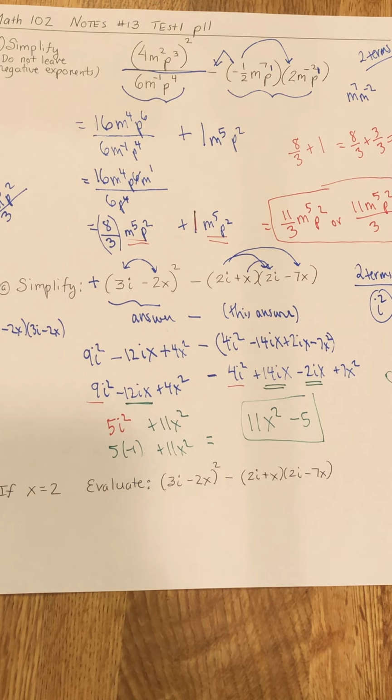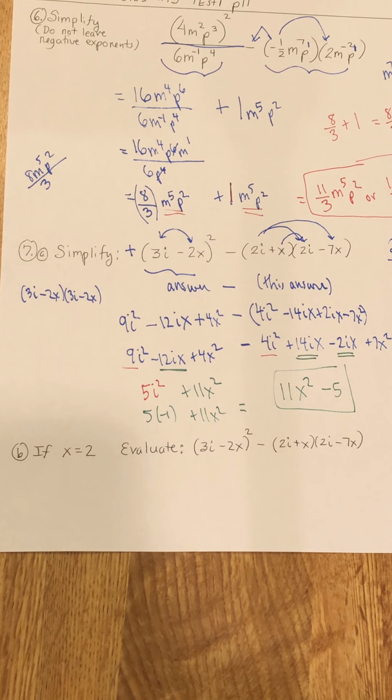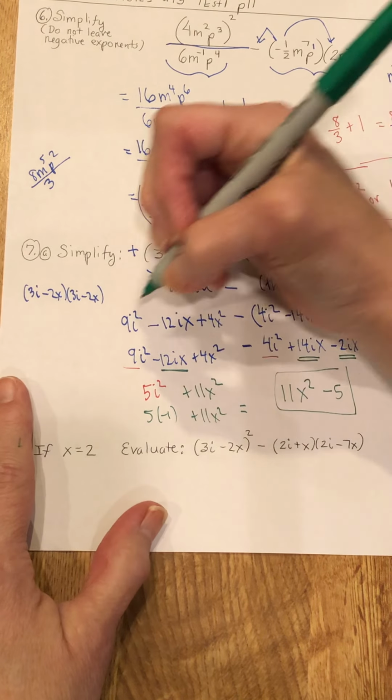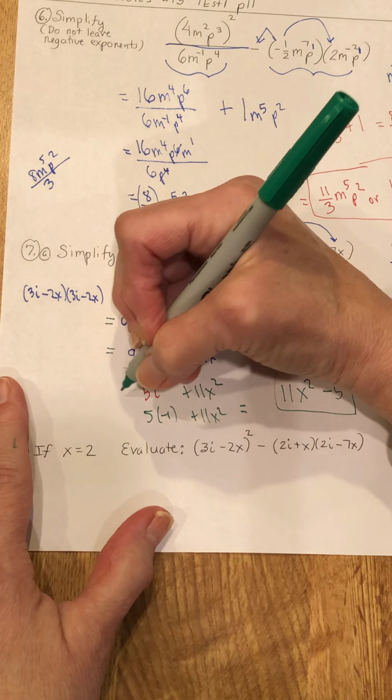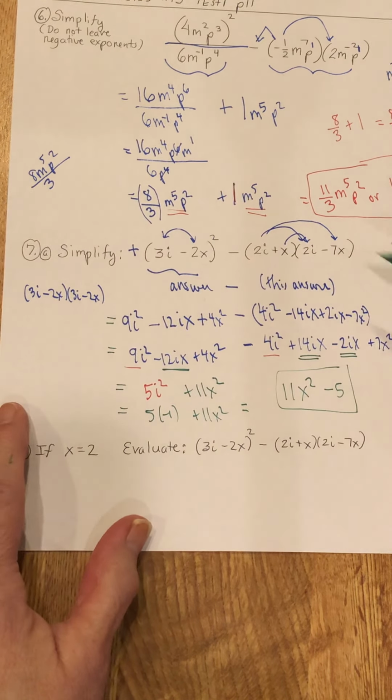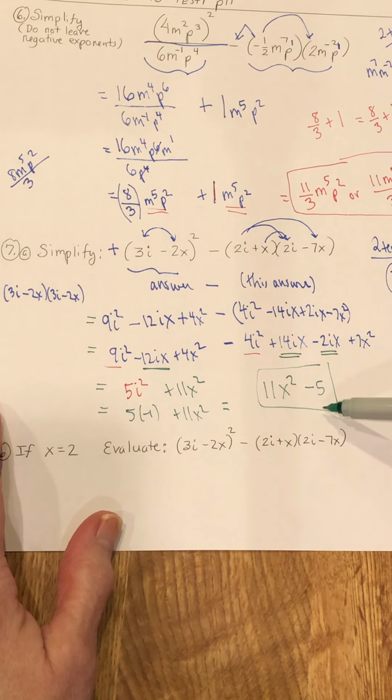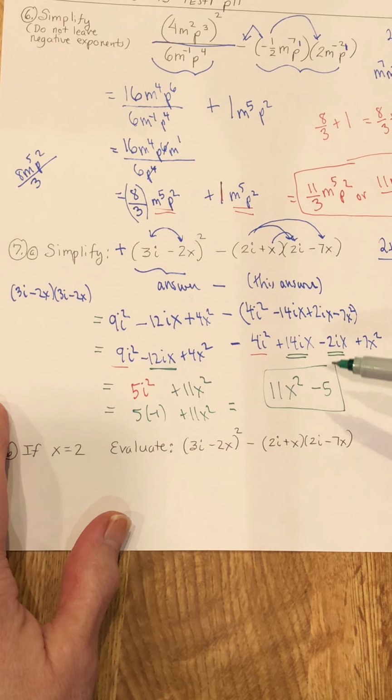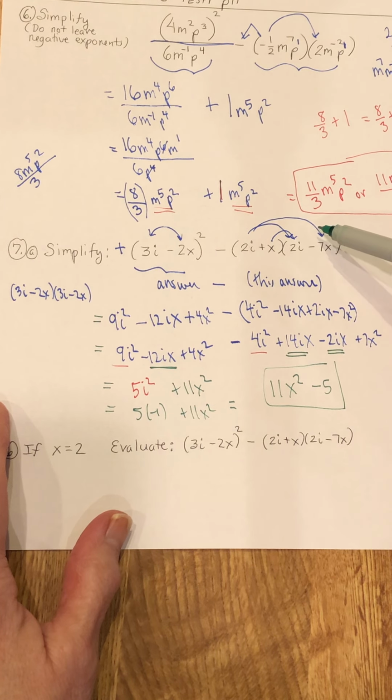Now, this next thing, yeah, I am definitely probably going to ask you something like this. This is so important. Now, I didn't put these equals in here. Probably should have. This expression is equivalent to that one. They say the same thing. This is just an easier way of saying that mess up there.